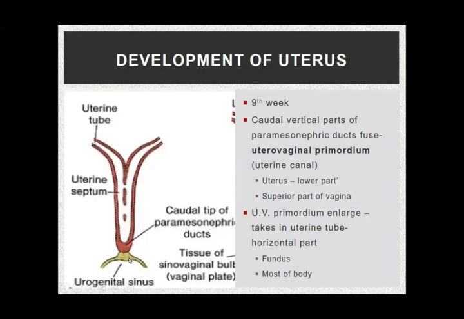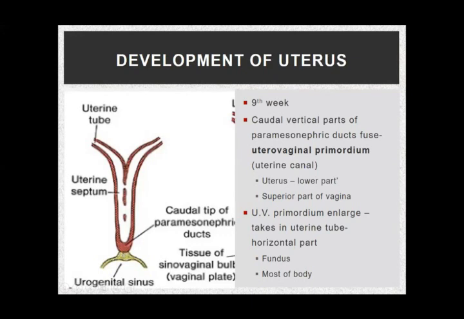I repeat once again, this uterovaginal primordium, which is formed by the fusion of the caudal ends of the two paramesonephric ducts, develops into the lower part of the uterus and the upper part of the vagina.